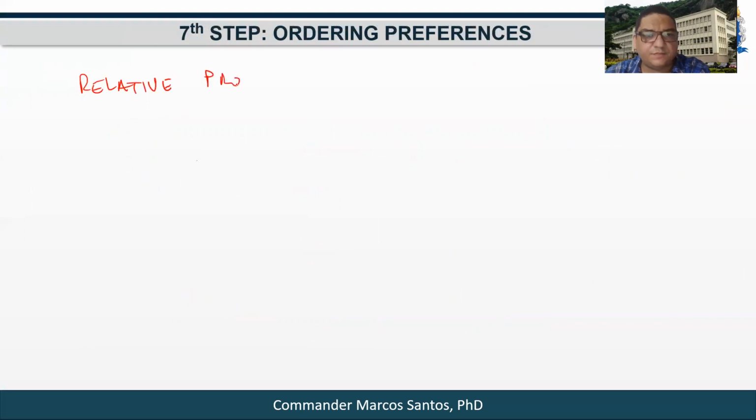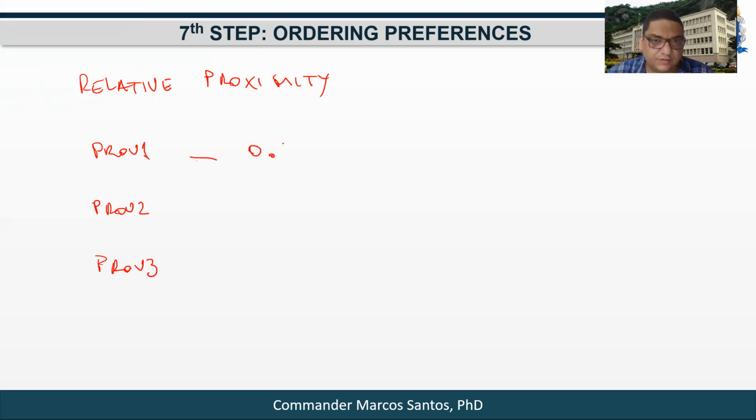I have provider 1, provider 2, and provider 3. 1 is 0.39, the next 0.48, and 0.78. And now it's possible to order the alternatives.